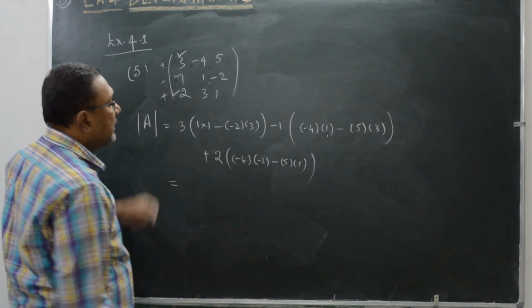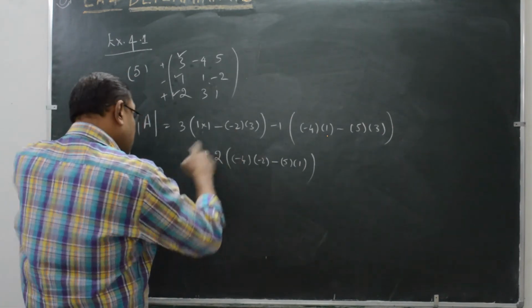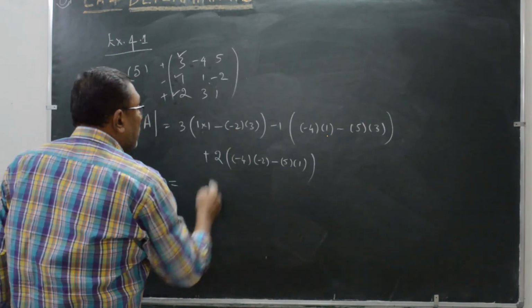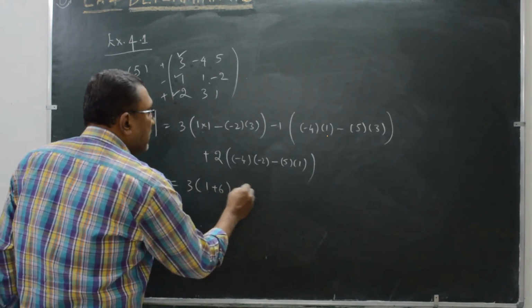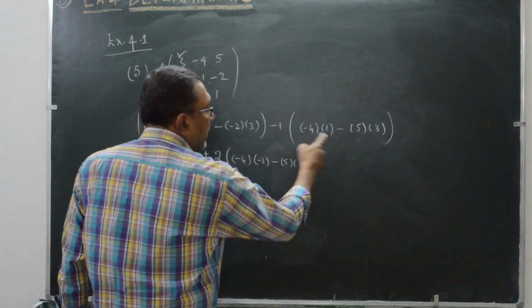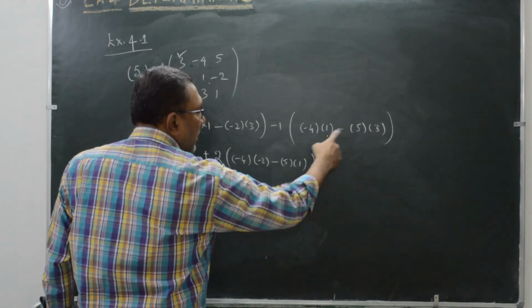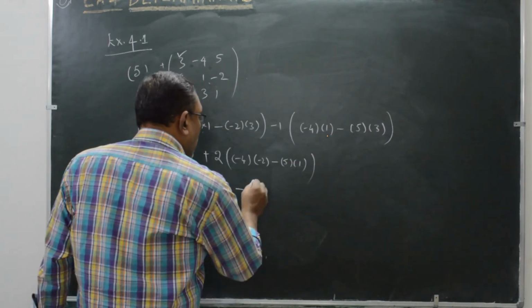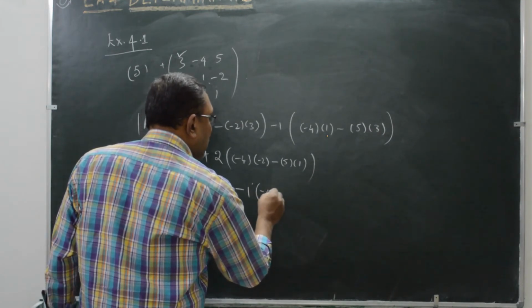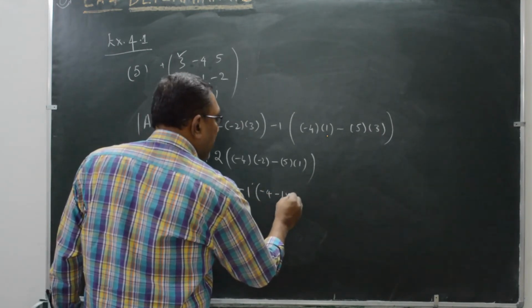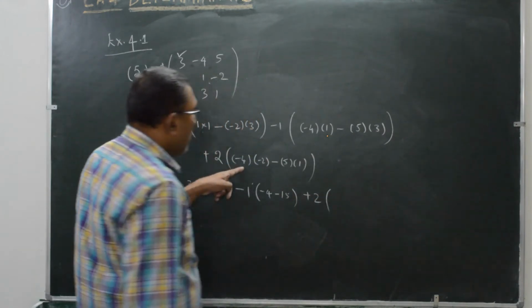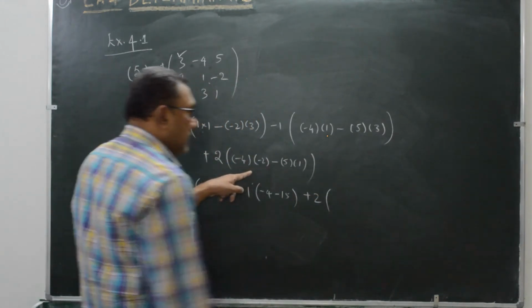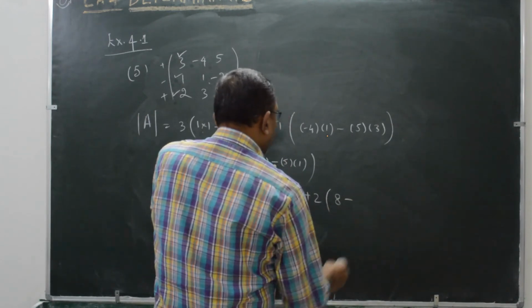Now, this is 1 and this is minus into minus is plus, 2 3s are 6, 1 plus 6, minus, here it is minus 4 and it is 15, minus 1 into minus 4 minus 15, okay. And here it is 2 into minus 4 into minus 2 is plus 8 minus 5.